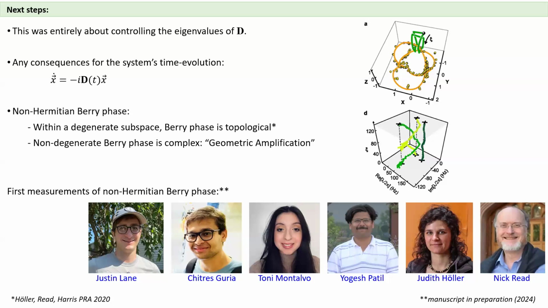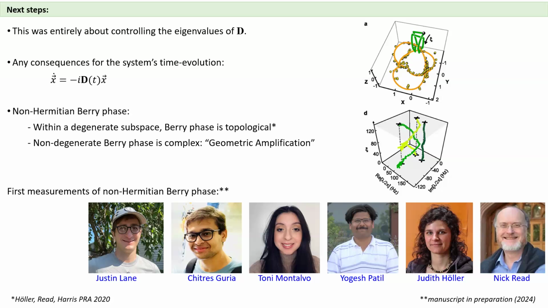And so what we're working on now is measuring, sort of, if you imagine actually in real time, preparing the system in one of its eigenmodes, and then varying the parameters around some kind of loop in real time while that eigenmode is ringing, and then bringing it back to itself. Is there anything interesting that happens that reflects this structure?